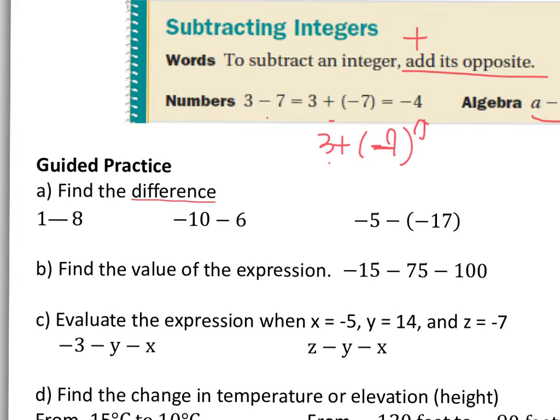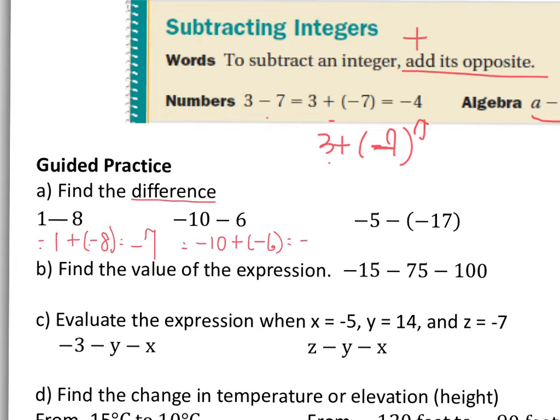1 minus 8. We could rewrite that as 1 plus minus 8. And we could take the difference, which is 7, and we use the sign with the greater absolute value, negative 7. The same thing goes with this one, negative 10 minus 6, negative 10 plus negative 6.